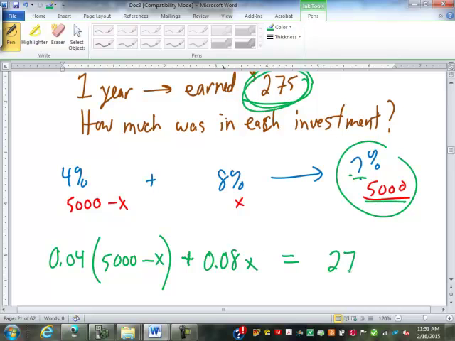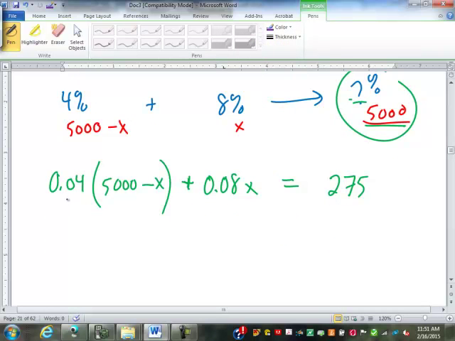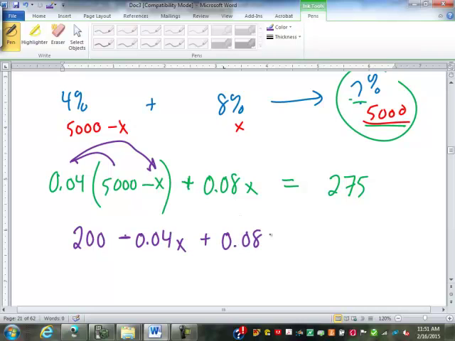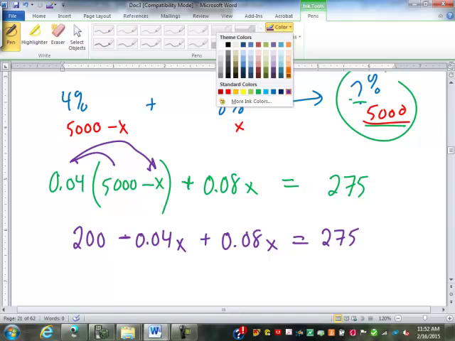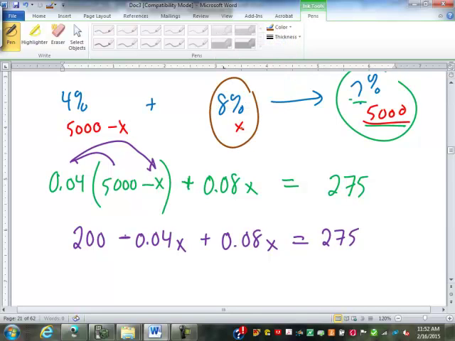It's the $275. So it saves us a step there. Now 0.04 times 5,000 is 200. 0.04 times negative X is negative 0.04X, plus 0.08X equals our $275.